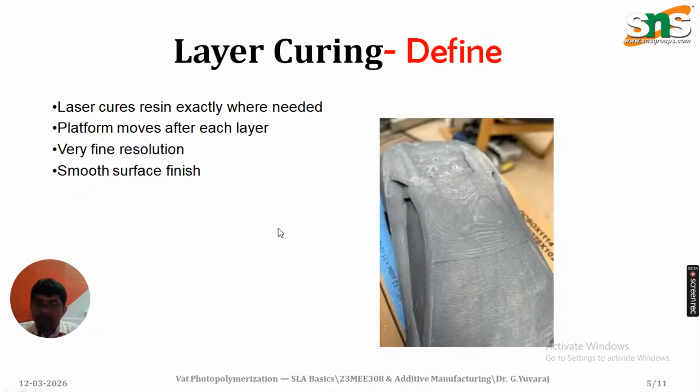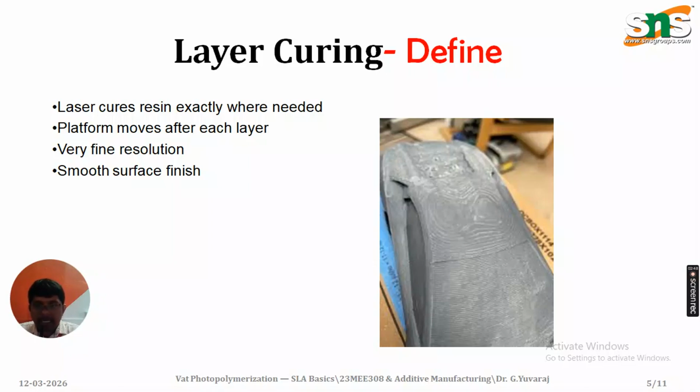Generally we are using layer curing. Layer curing is where the laser cures the resin exactly where we need it. For example, if we build a layer in the shape of a car using the additive manufacturing process, it is cured with the help of the scanning process.